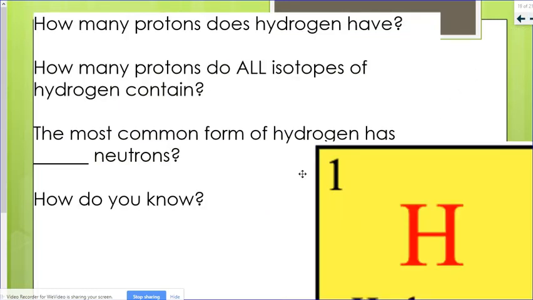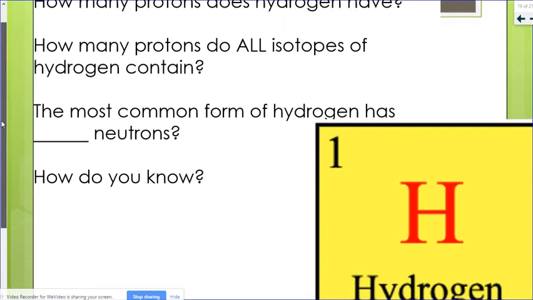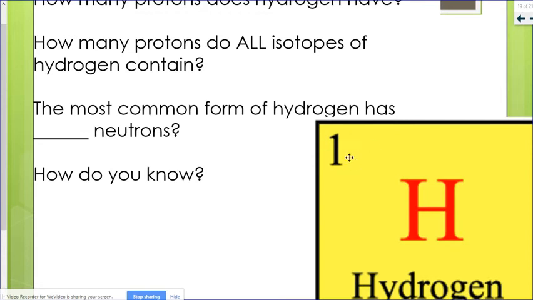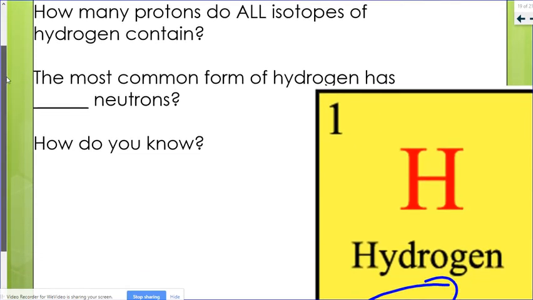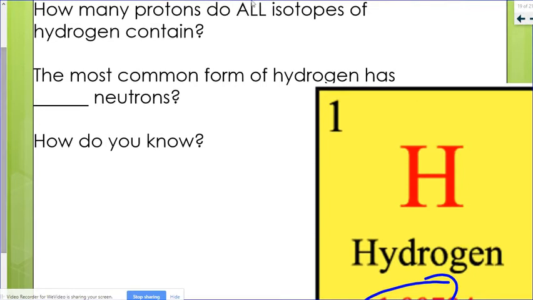So here's a hydrogen atom. This is what we're looking at. If we're dealing with hydrogen, hydrogen has one proton. We can tell that by its atomic number on the periodic table. All hydrogen atoms have one proton. If they had two protons, they wouldn't be hydrogen anymore, they'd be helium.